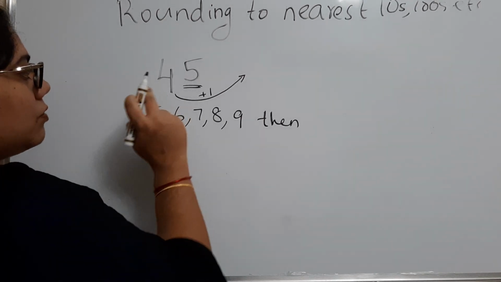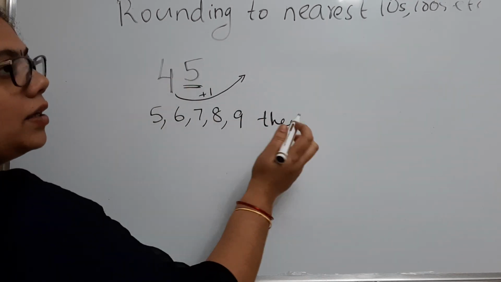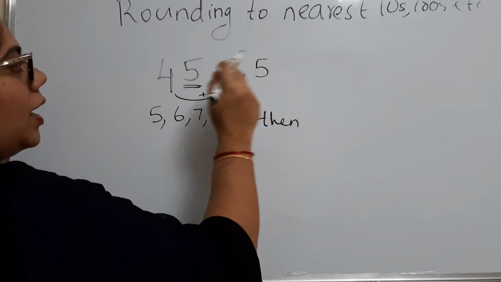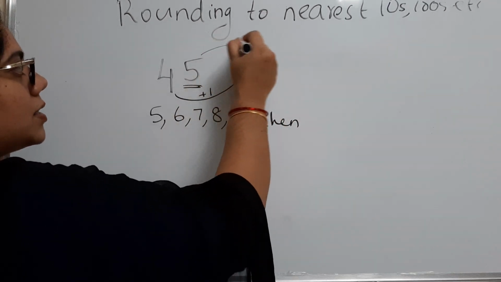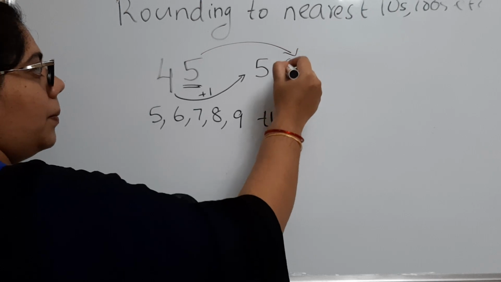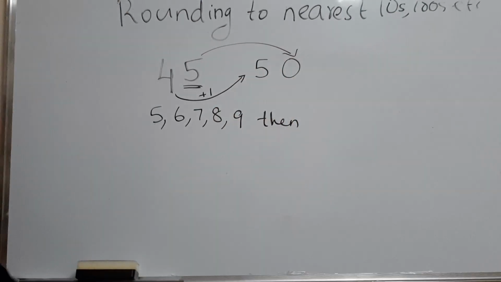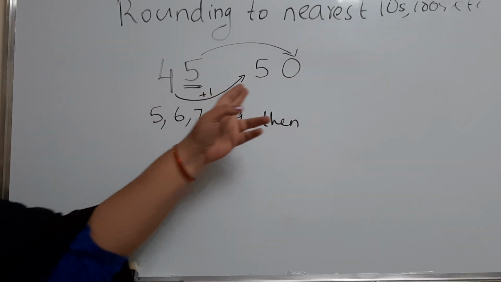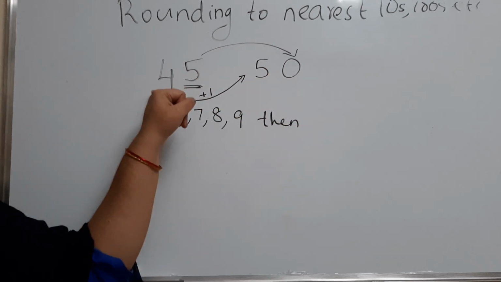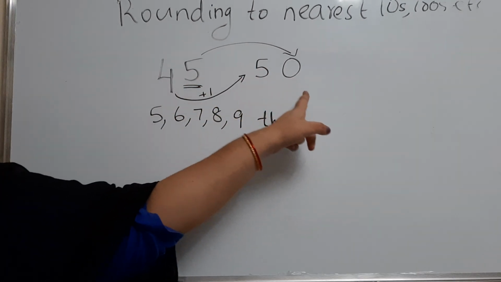That is here 4. What is 4 plus 1? 5. And the ones place, you want to make it 0. So our nearest tens of 45 is 50.